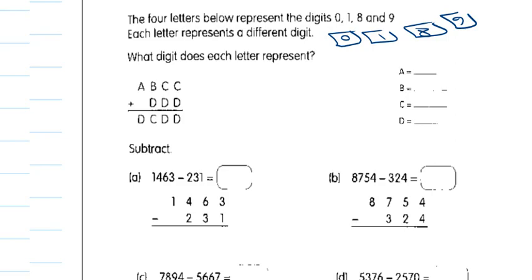I can use 1 plus 8 to give me 9. So if C is 1 and D is 8, it doesn't give me 9. So this solution can't happen. I can use 0 for C and 8 for D. It gives me 8 here.